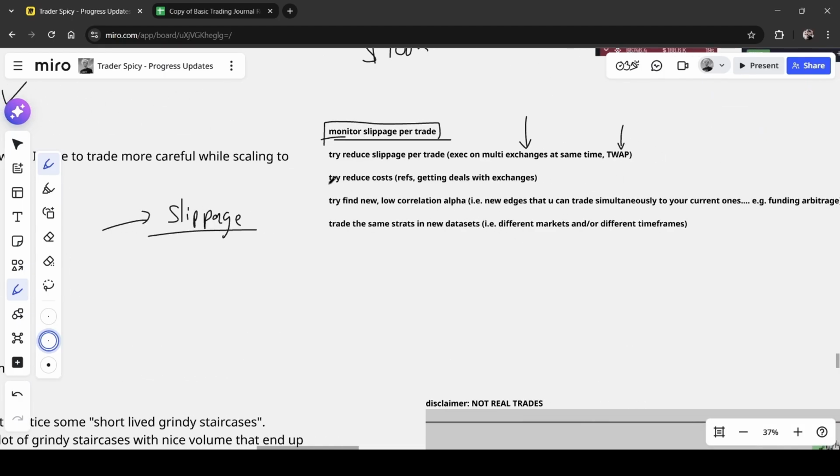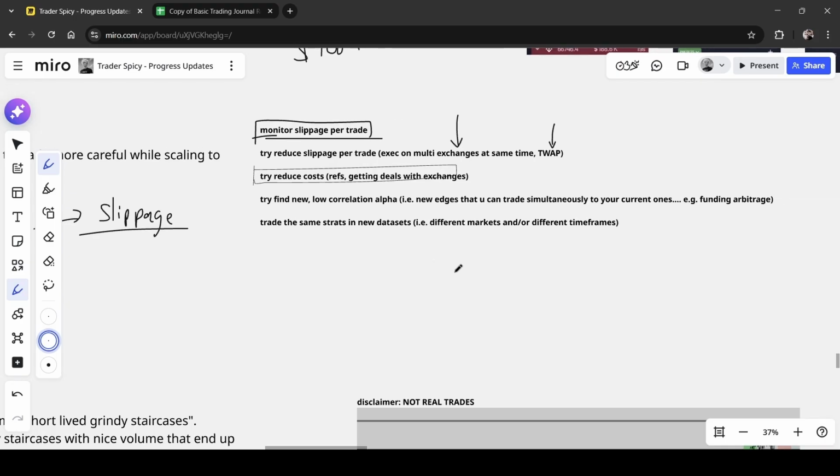Okay, another one, this is an interesting one. You can try to reduce your costs. If you have friends who are on an exchange before you sign up, you want to ask them for a referral link so that you can get a discount on your fees, because most exchanges will offer discounts on fees if you sign up through a referral link, right?